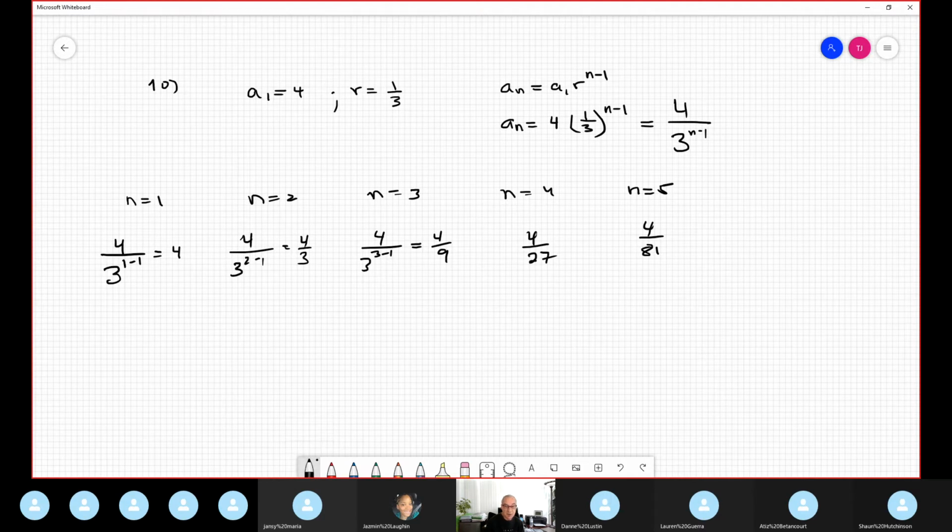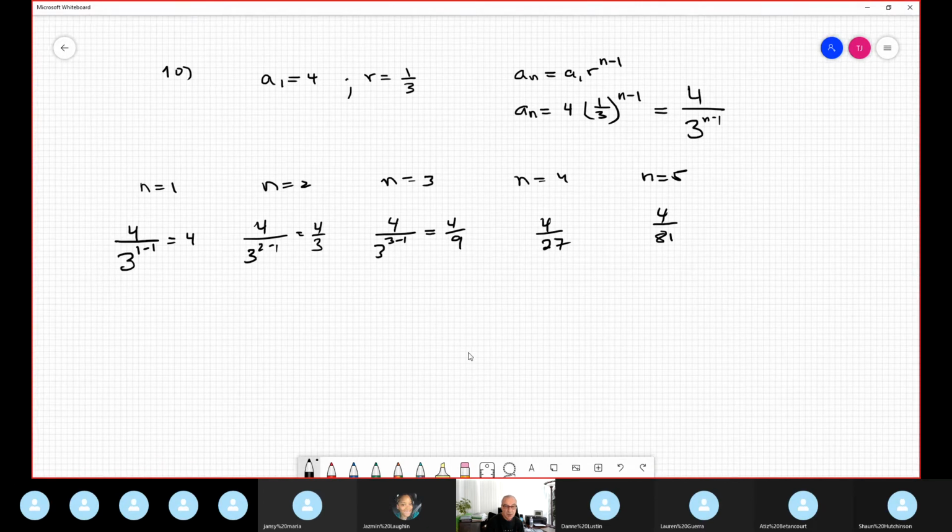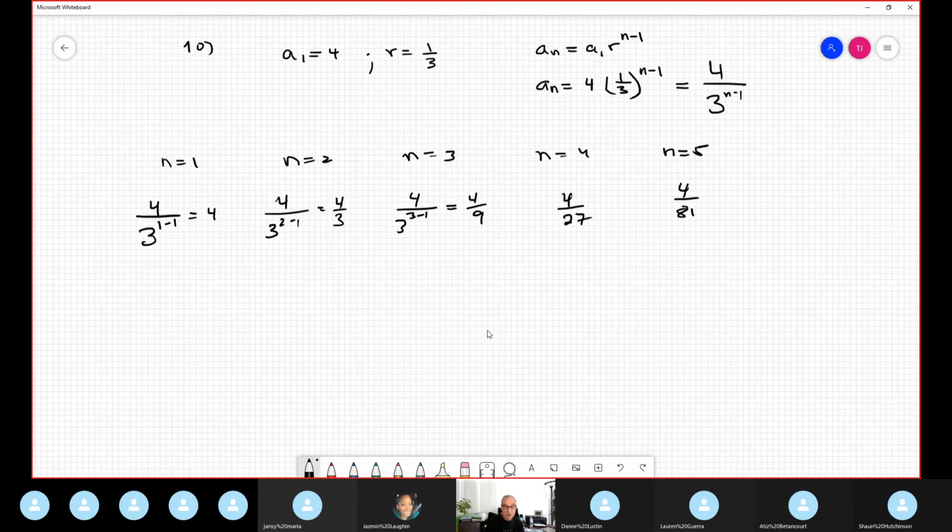Do you see the mathematical law is exponential? Exponential decay or exponential growth depending on the common ratio. When the common ratio is less than 1, it's decreasing. Remember, guys, we have two exponentials like that. Actually, the sequence is a function, but it's a discrete function.